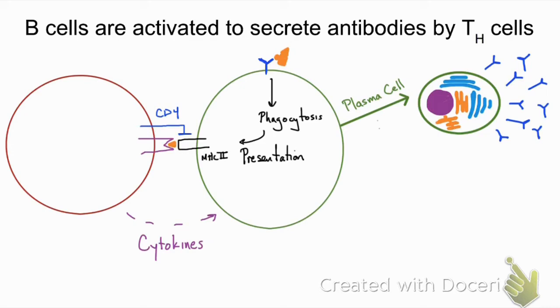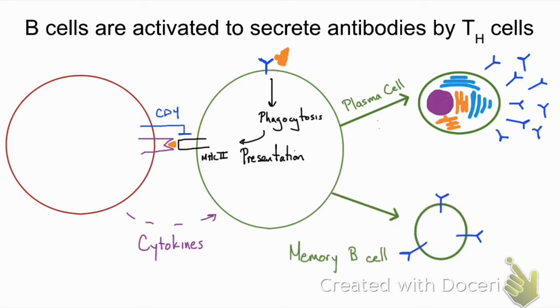The other type of B cells, well, they're memory B cells, and these memory B cells are going to remain rather quiet until the next time they see a pathogen that they recognize. And so this B cell would still have that membrane-bound B cell receptor on its surface.